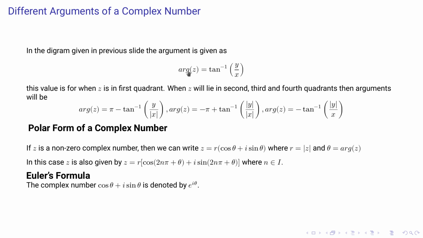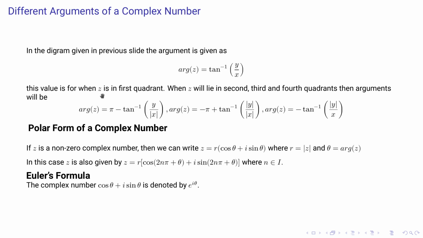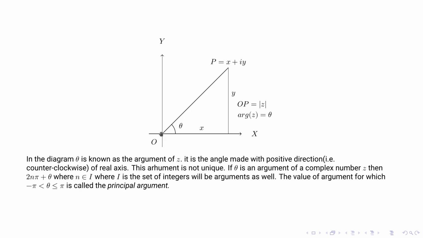Now clearly arg of z will be tan inverse y by x. That is this by this. Tan theta is equal to y by x when P is in the first quadrant. When P or z is in the second, third, and fourth quadrants, then in case of second quadrant, it will be pi minus tan inverse y by mod of x, because if it is in this, then x becomes negative.